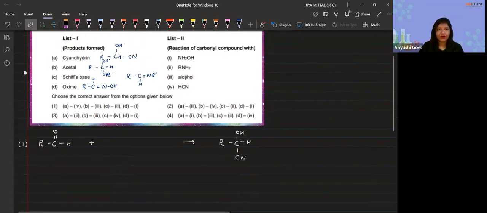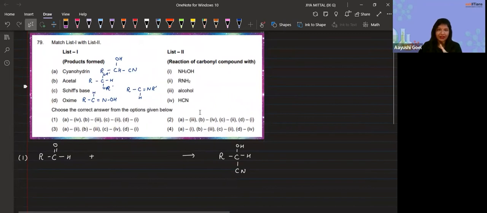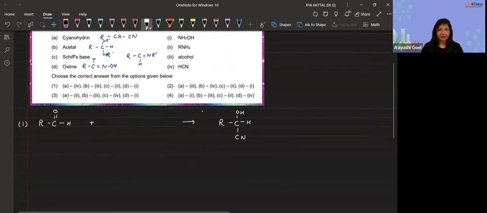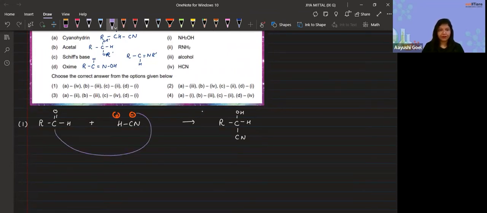In the options, the only thing we can add is HCN. The CN will have the minus charge and the H the plus charge. The negative charge will attack here and move up, giving you the product, cyanohydrin.